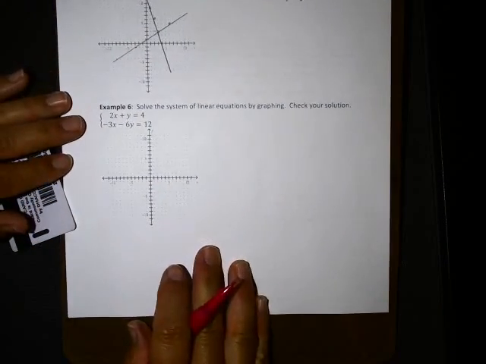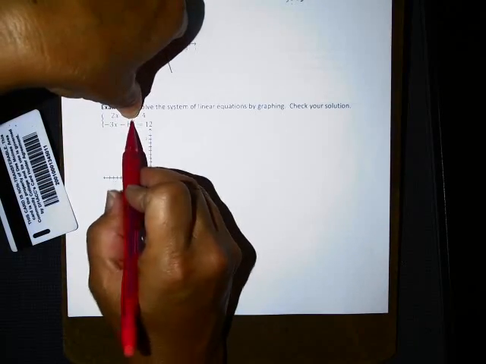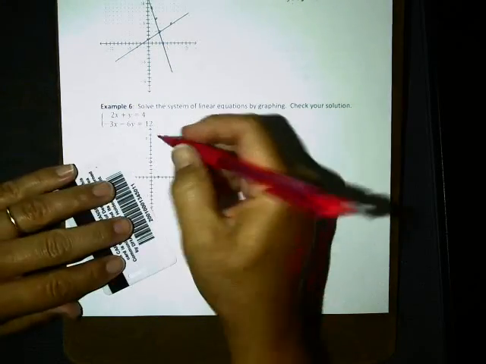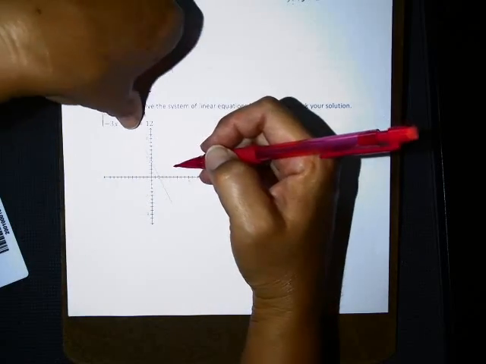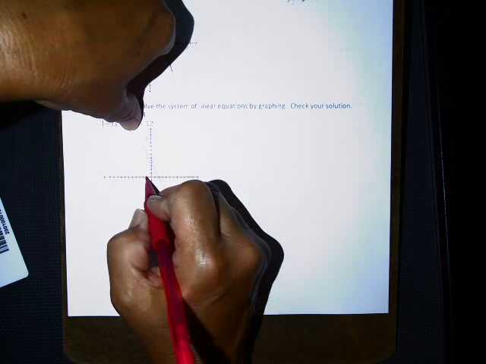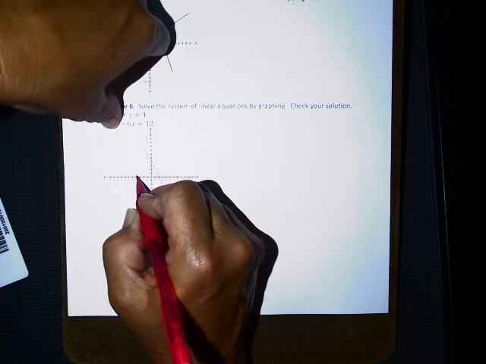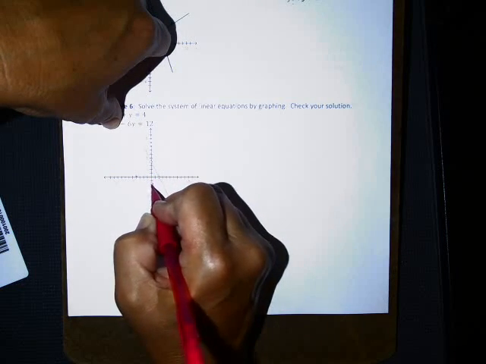Example 6. This one's written in standard form. Let's use the intercepts. So if 2x equals 4, then x would have to be 2, and y is 4, and then connect them. The next one, the x-intercept would be negative 4, and the y-intercept would be at negative 2.